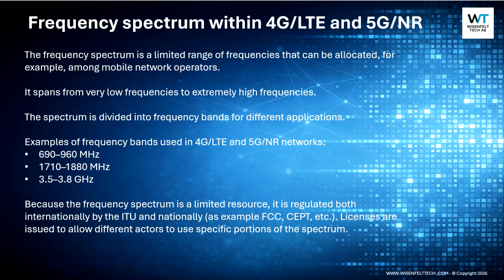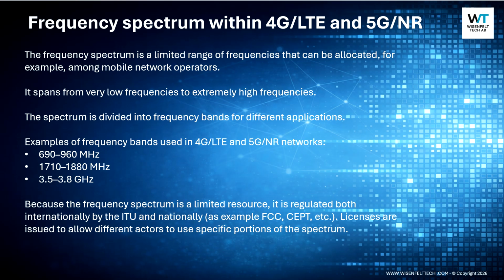The frequency spectrum can be thought of as a shared space for wireless communication. It is a limited range of frequencies that must be carefully divided between different users, such as mobile network operators. The spectrum spans from very low frequencies to extremely high frequencies, and each part behaves differently when it comes to range, capacity, and penetration.